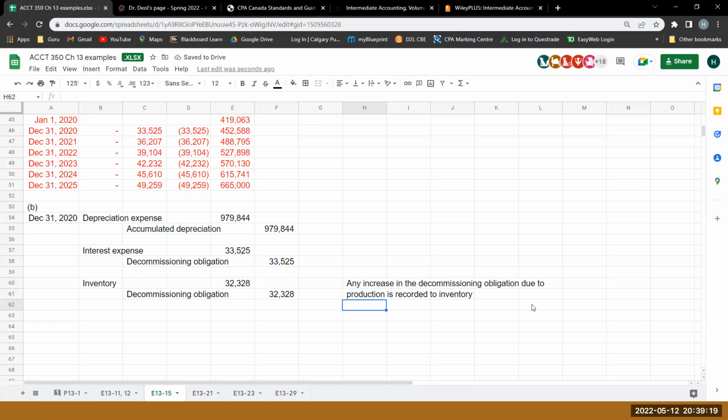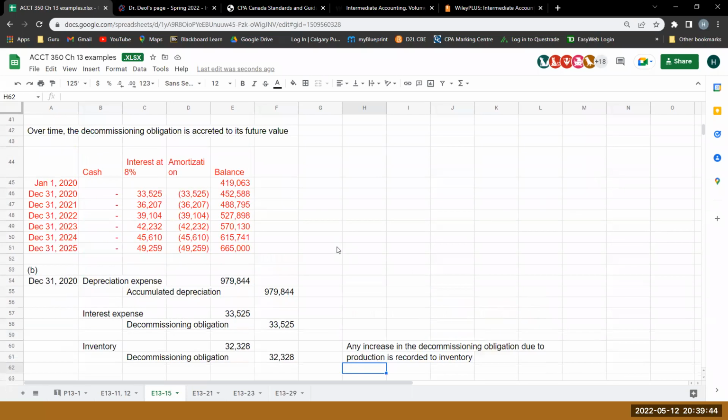This is one of those requirements of the accounting standards. So if there was an increase in the obligation just due to passage of time, that'll be recorded as interest expense. If there's an increase due to production, then you have to record it as inventory. Right, so those would be your journal entries for December 31st, 2020.